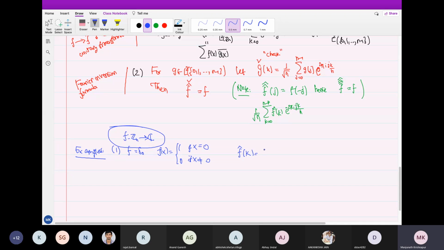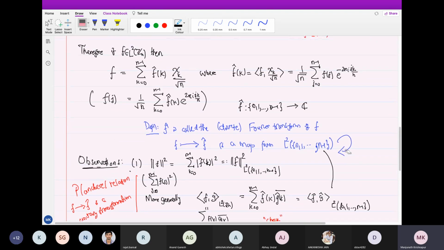So what is its Fourier transform? f hat of k will be 1 by square root n times, by definition, the inner product between f and chi k. But f is 0 everywhere except at 0. So it will be chi k of 0 by square root of n. What is chi k of 0?